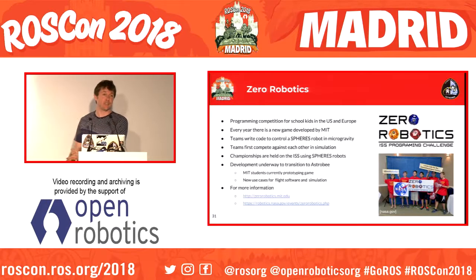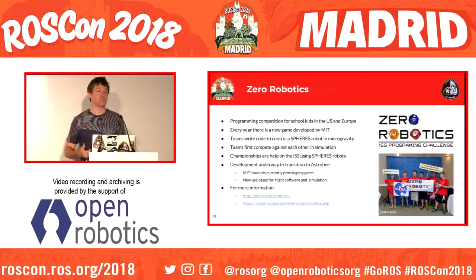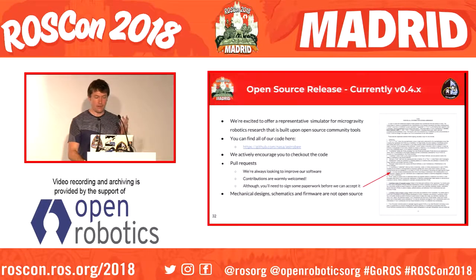So it's very exciting for these kids, and it's a really great way to teach programming. And we're in the process of transitioning from Spheres to Astrobee. It's going to be a reasonably challenging process, but hopefully it'll be more exciting as Astrobee opens up a whole new set of capabilities.